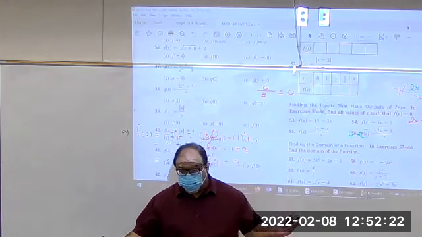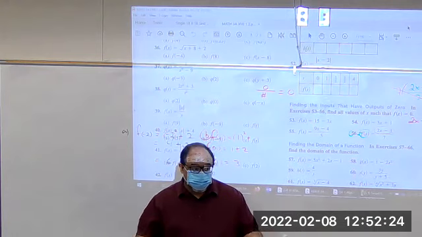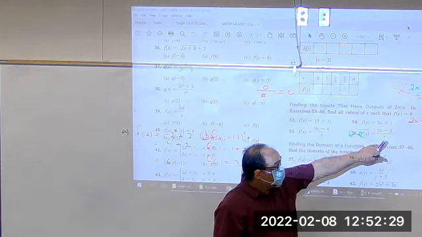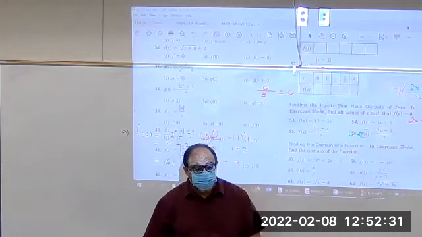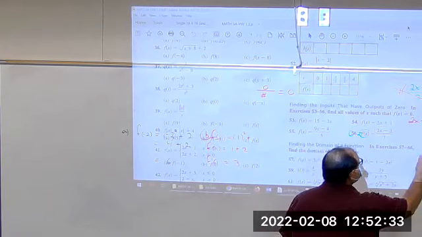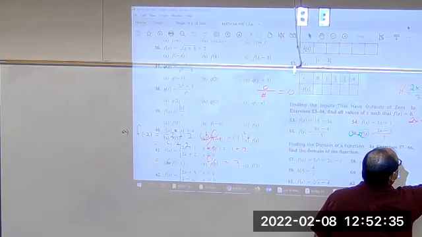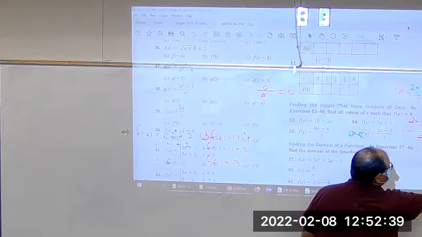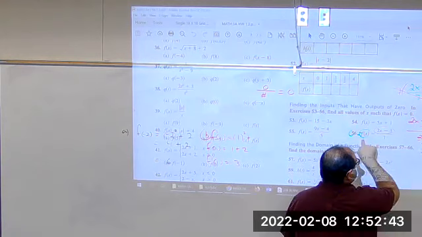Because that's a different story. That is completely different. If there's no x's in the denominator, you're free to just say 2x minus 3 has to be 0. Add 3. 2x is equal to 3, so x equals 3 divided by 2. So when x is 3 over 2, this function equals 0.